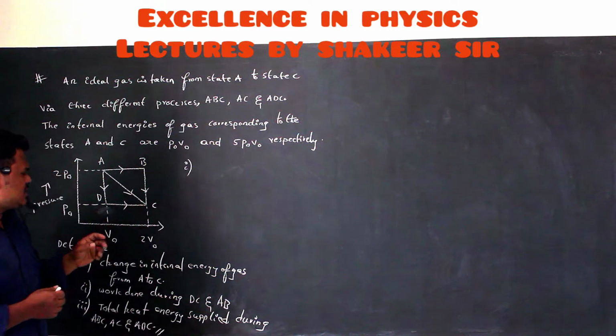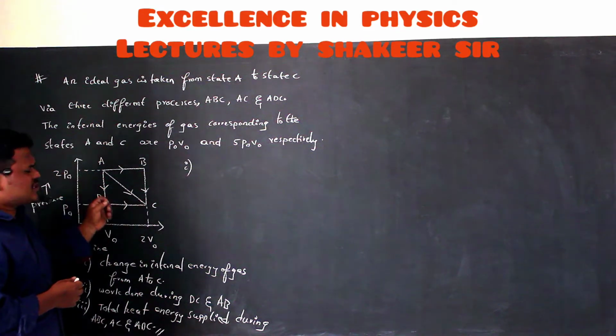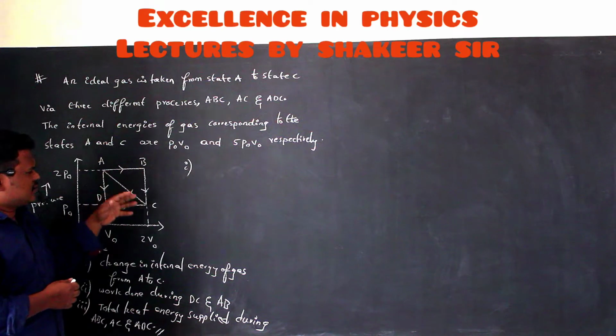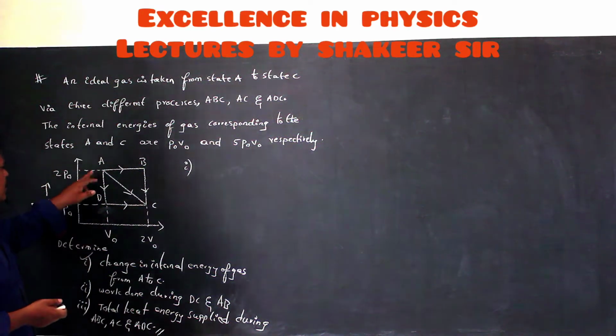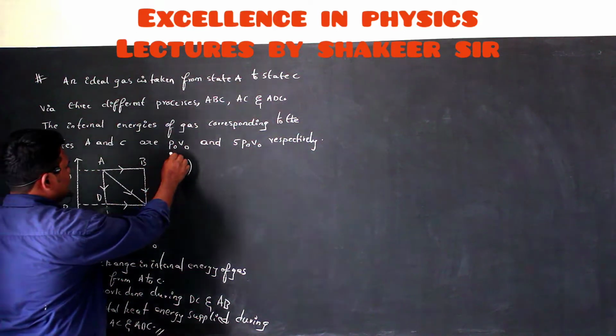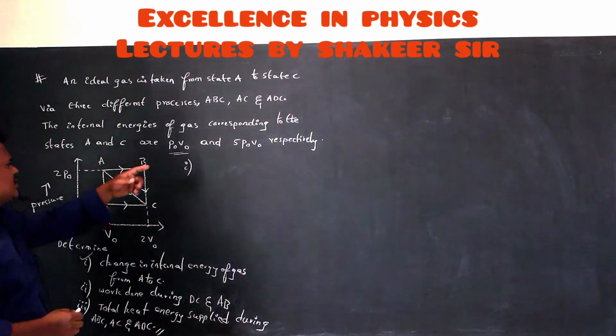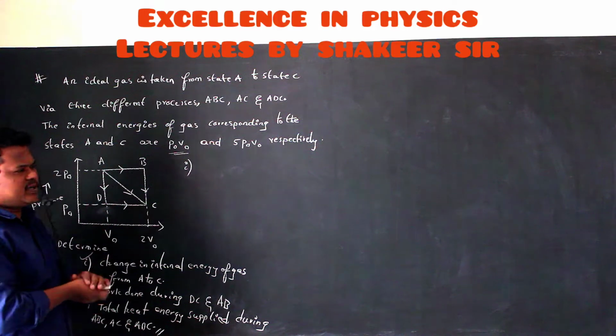But internal energy just depends upon the initial point and final point, and whatever the path taken, it doesn't depend on that. So internal energy at A is P0 V0 and internal energy at C is phi P0 V0.